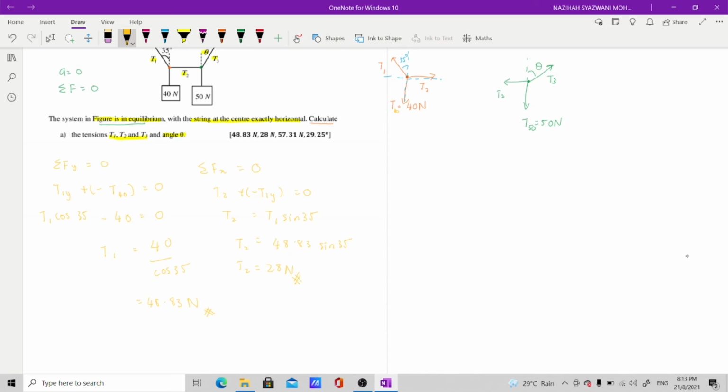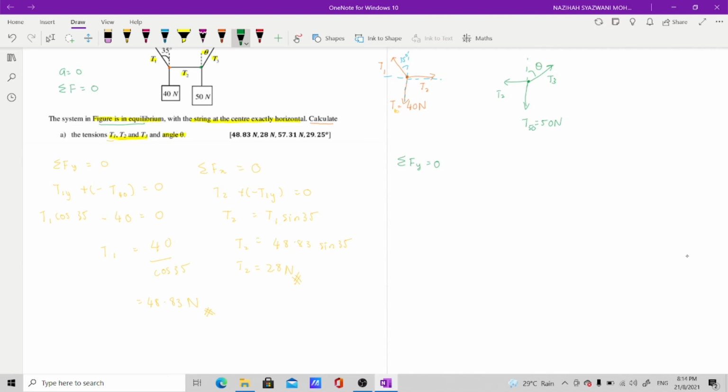So we already have our T1 and T2. To find T3 and the angle, we have to use the free body diagram of the green color. Let's start with summation Fy equals 0. For the green one, I am going to use the green pen.